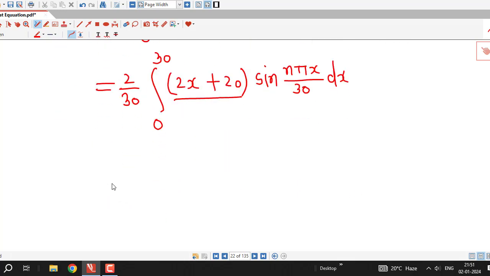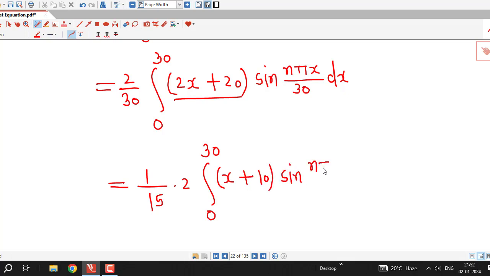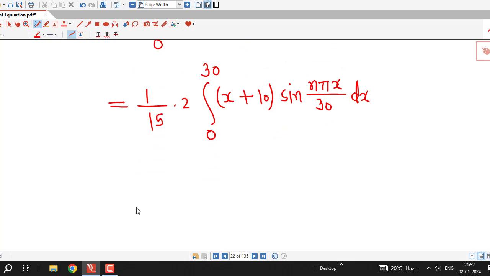From this I can take 2 common, and that 2 I can take outside the integral, and this 2 by 30 means 1 by 15 into 2. Here I take 2 common, so I am left with x plus 10 sine of n pi x divided by 30, integral with respect to x.